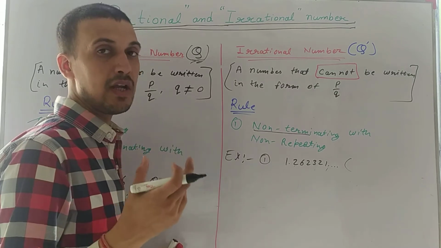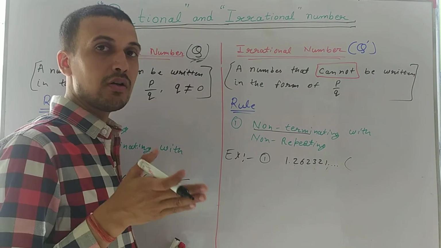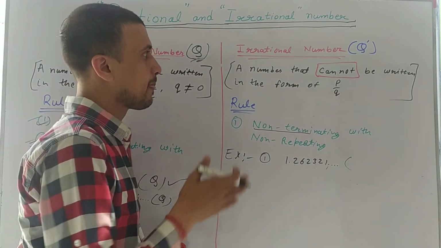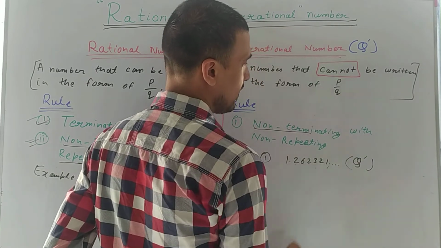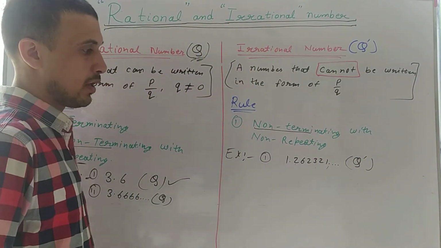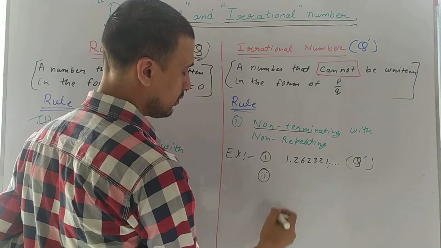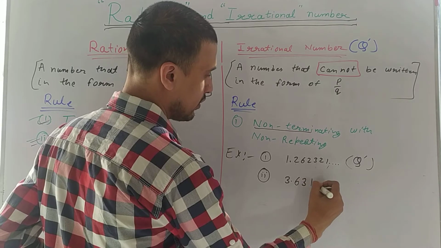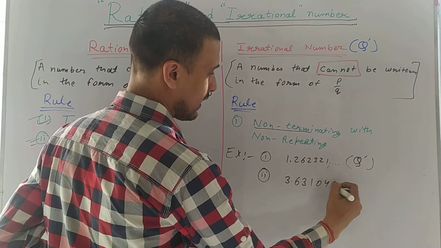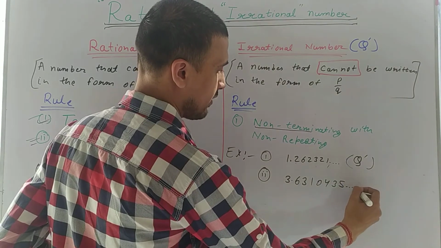The repetition should be in a pattern after the decimal. If that is not happening, then we can say that it is an irrational number. We generally denote an irrational number by Q dash. Clear? Now try to see another example: 3.6310436 and so on.